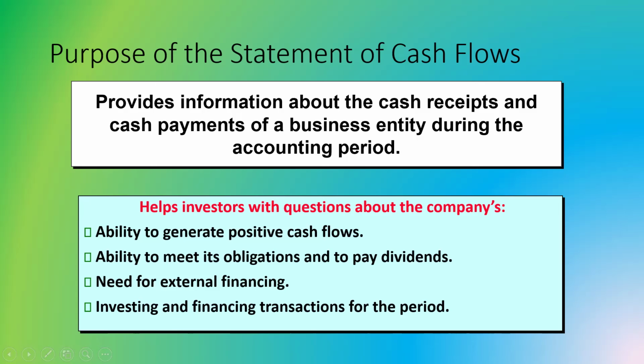The statement also reveals whether the company has enough cash to invest in new opportunities, like buying equipment or expanding operations and so on. By examining these points, investors can make better informed decisions about the company's financial health and potential for growth.